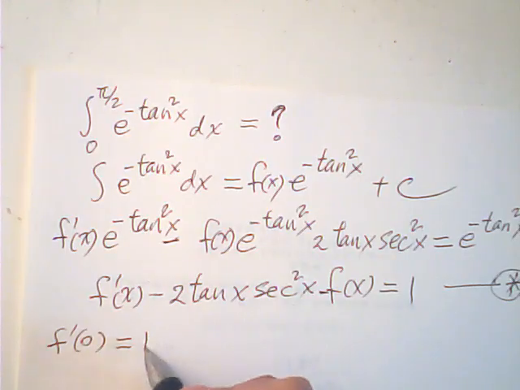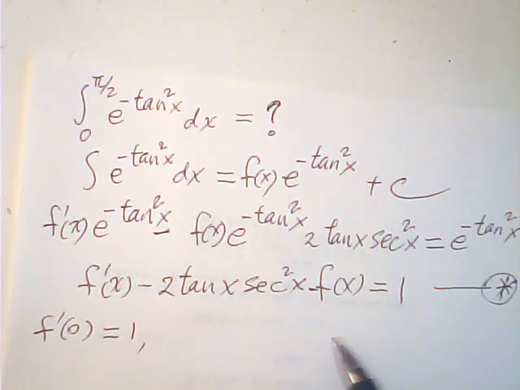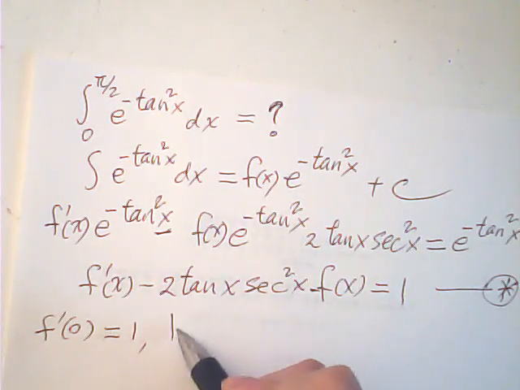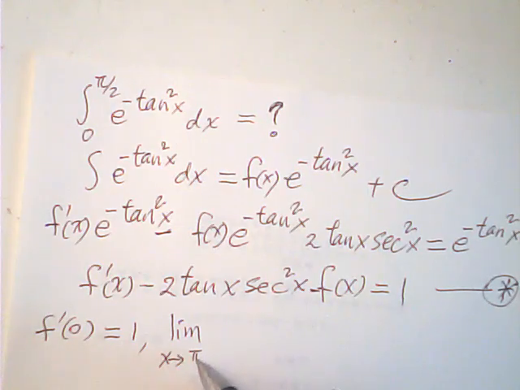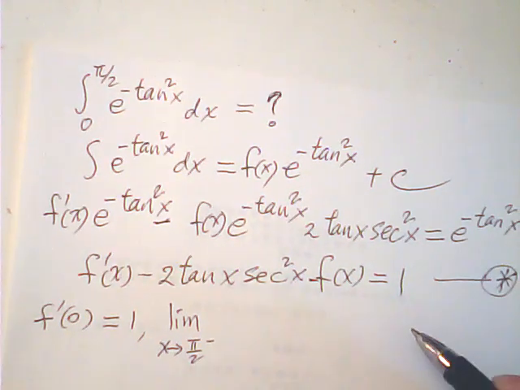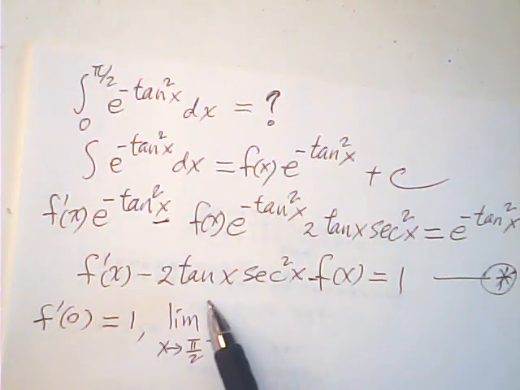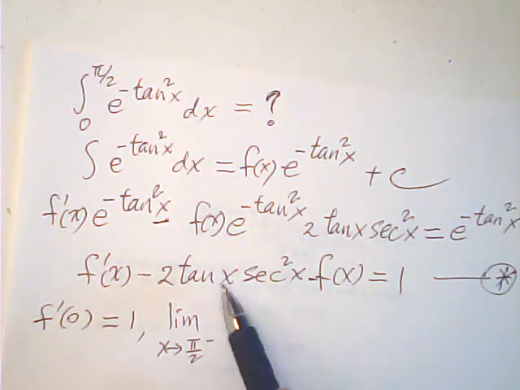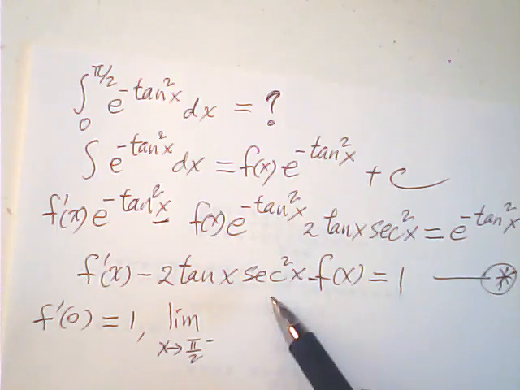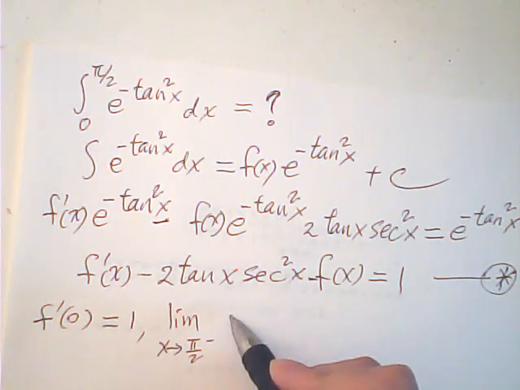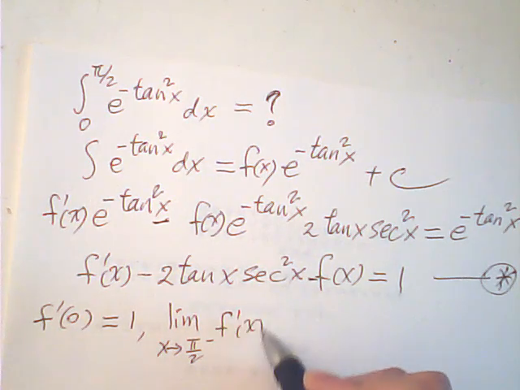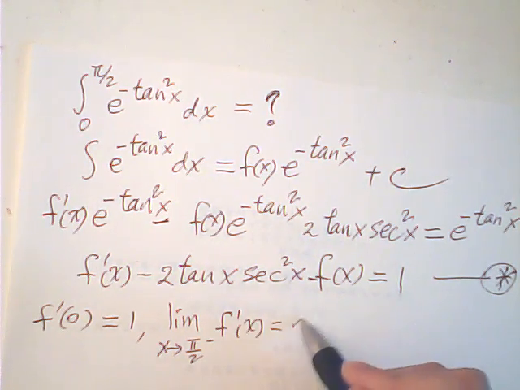So this is equal to 1. And also observe that when the limit x approaches half pi from the left-hand side, this will be infinitive. So this will be equal to positive infinity.